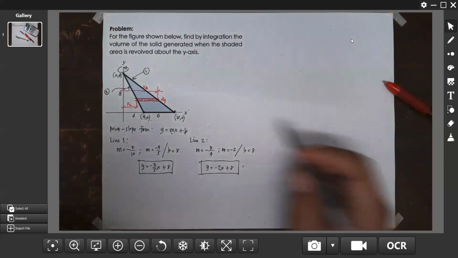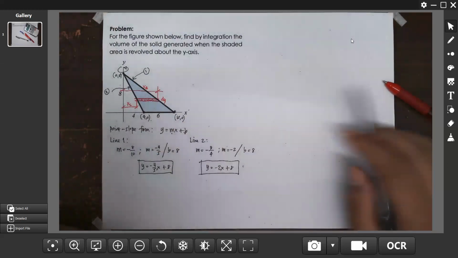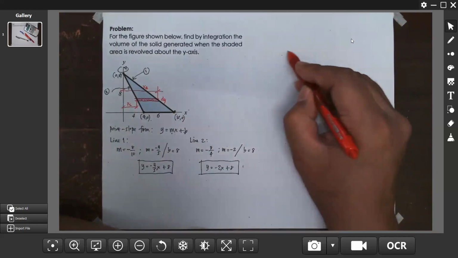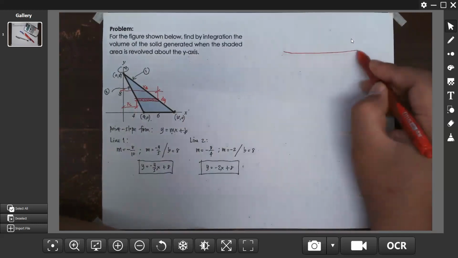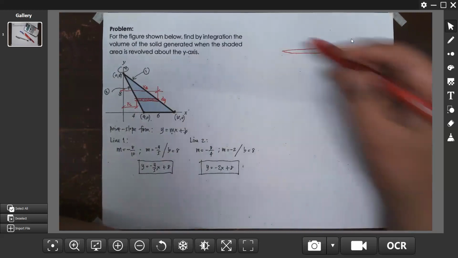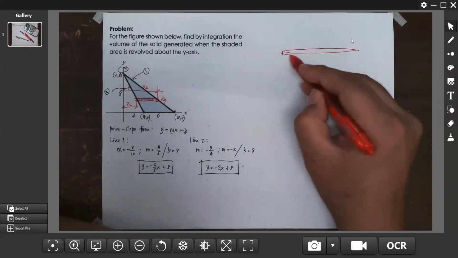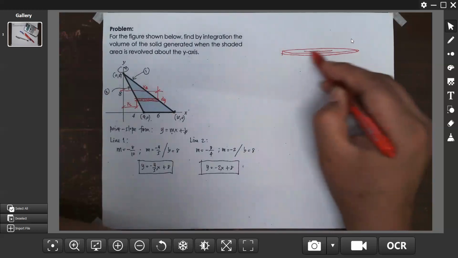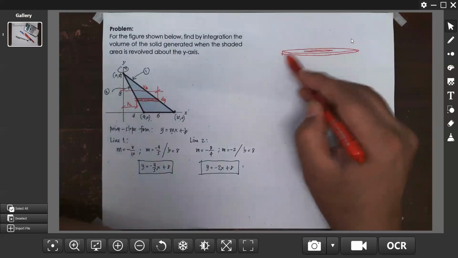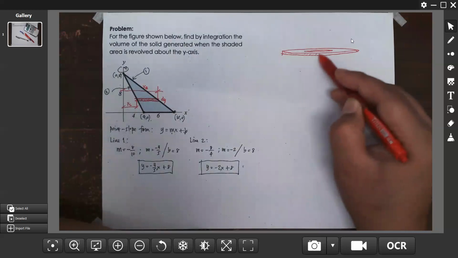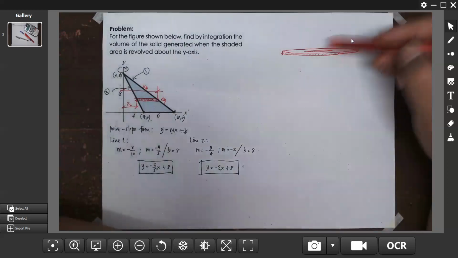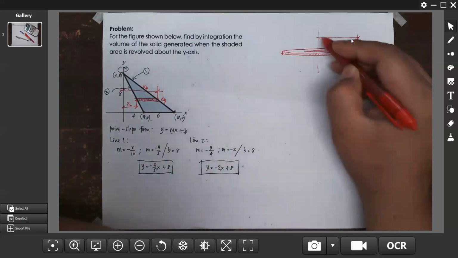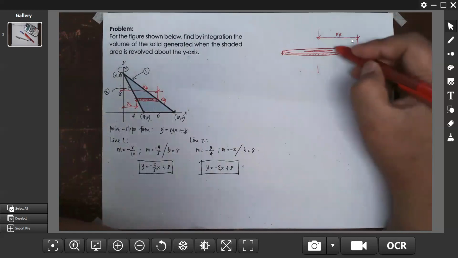Now, let's go back to our circular ring. We'll get a circular ring like this one. This is our y-axis, and this is our x.